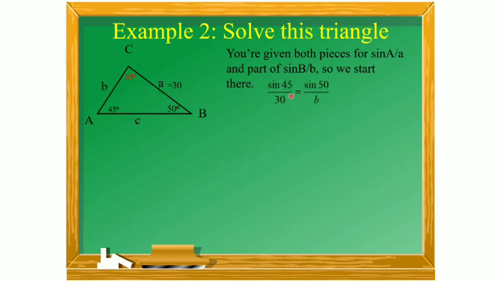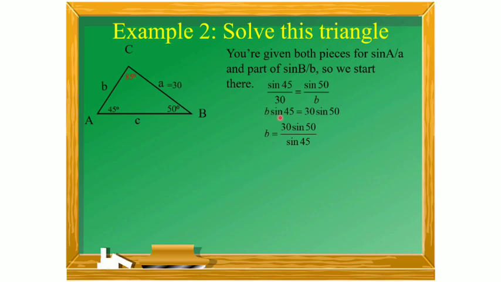Sine 45, which is the value of angle A, over 30, which is the value of side A, is equal to sine 50, which is the value of B, over the unknown, which is B. Next step, cross multiplication, we will get B times sine 45 degrees is equal to 30 times sine 50 degrees.